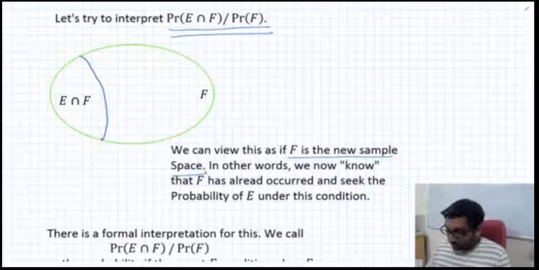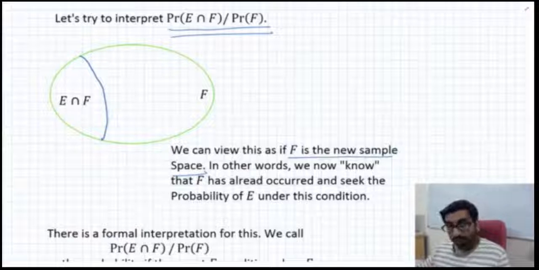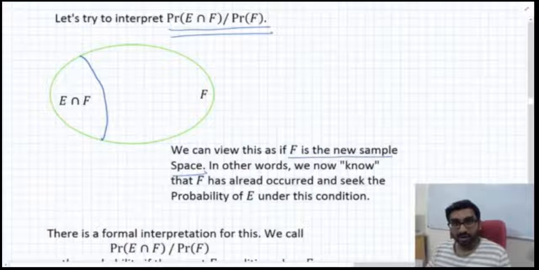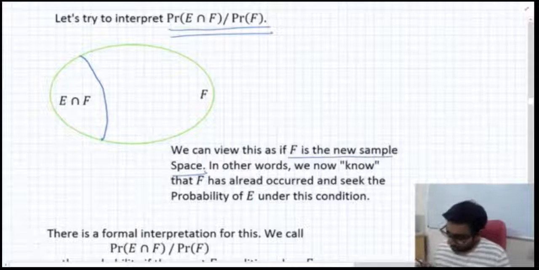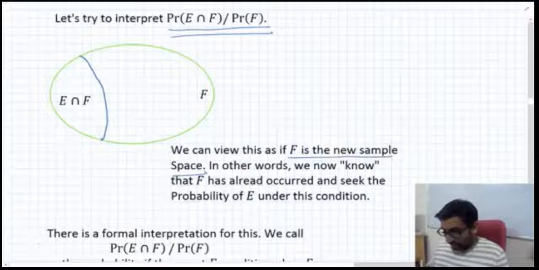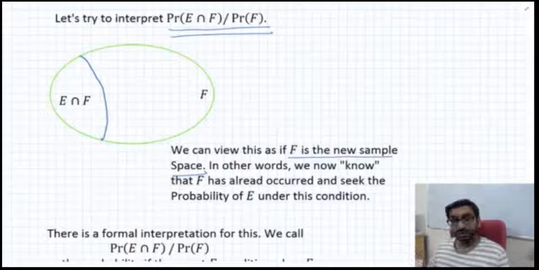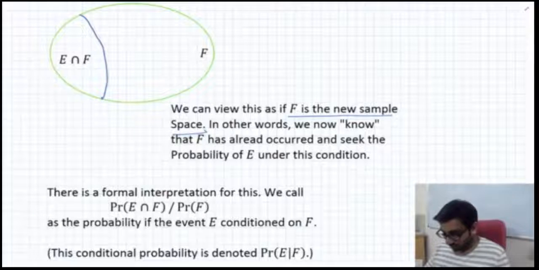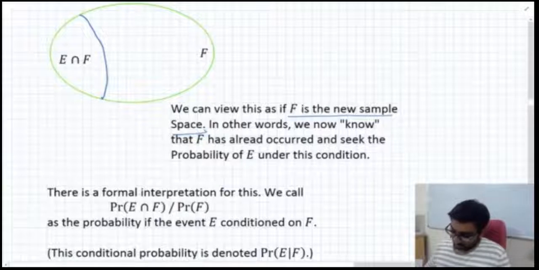A way to think of this is as though F has somehow already occurred, and because F has occurred, anything outside of F doesn't matter, and that's why the entire sample space is just F. And now we want to understand the probability of E. Now, as it turns out, there's actually a formal way to state this.